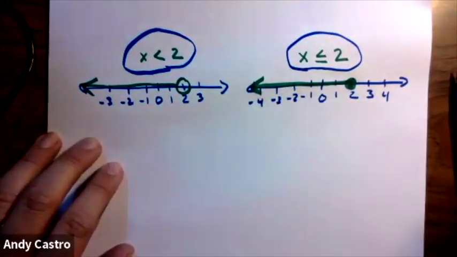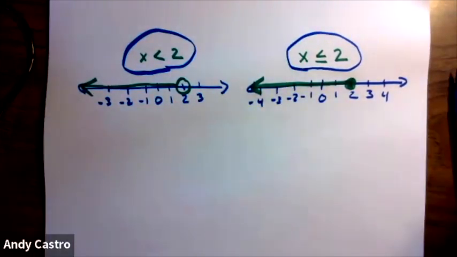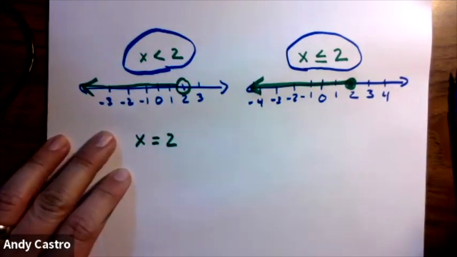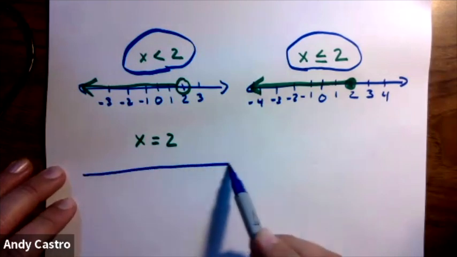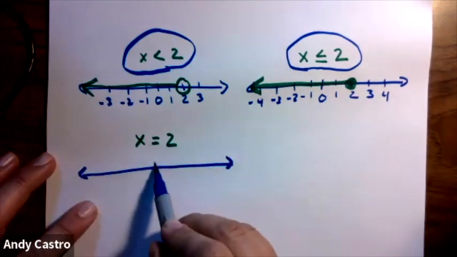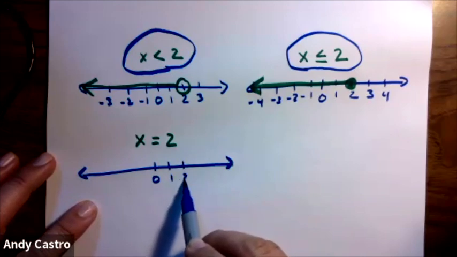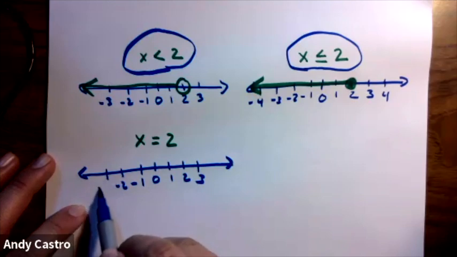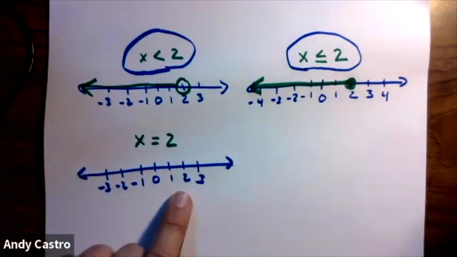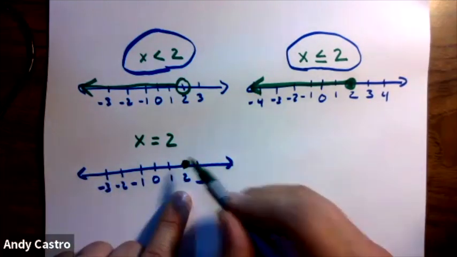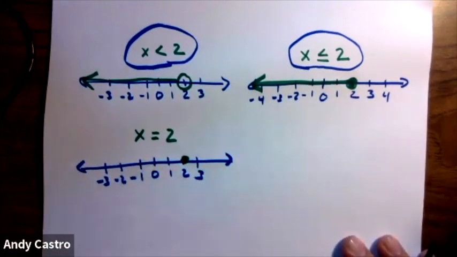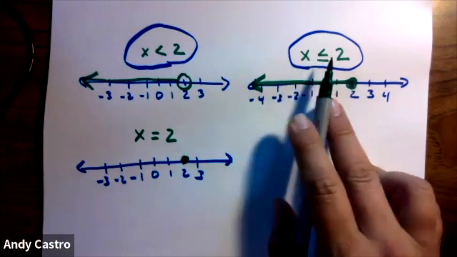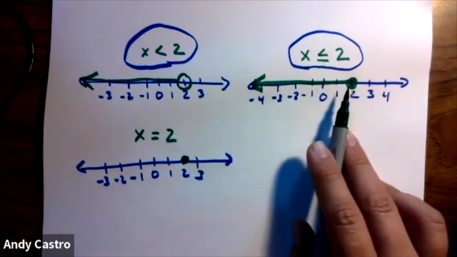Because if I had the statement x is equal to 2, and I had my graph here, I would have a dot at 2 because x is equal to 2. That's why a dot exists here where x is both less than and equal to 2.